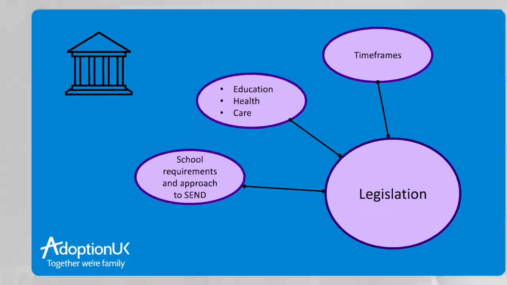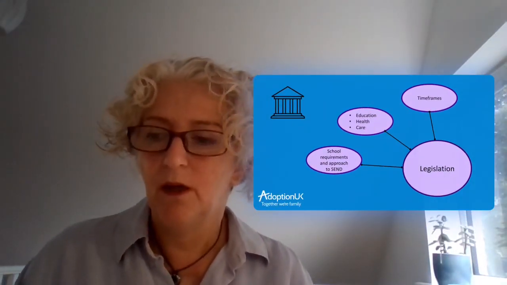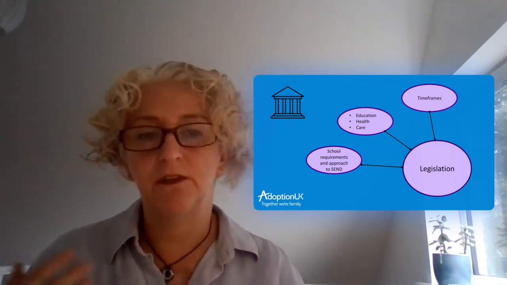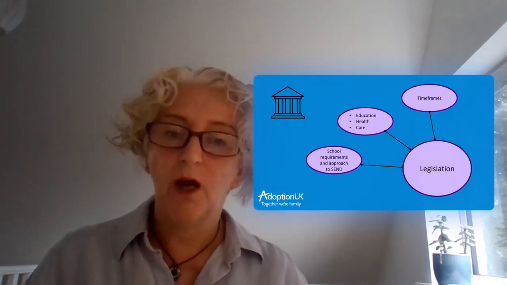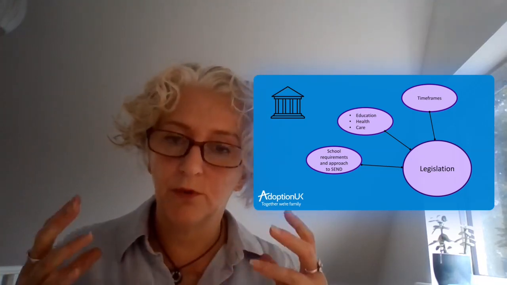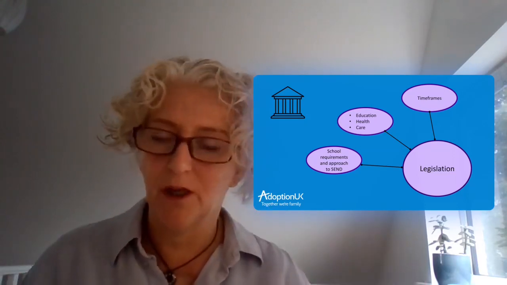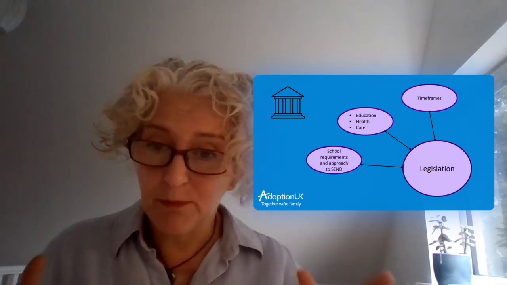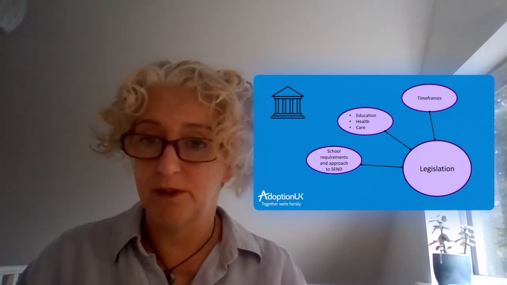I'm just going to come back on camera as I go through this. So timeframes, you really do need to keep track. There are set timeframes for the EHCP process, whether it's the assessment or the annual review, and so really gain the knowledge, keep the knowledge, do yourself a timeline so you can see what the legal timeframe is, and then keep pushing to make sure that happens.